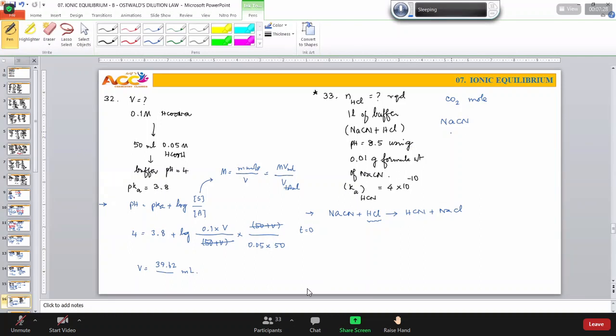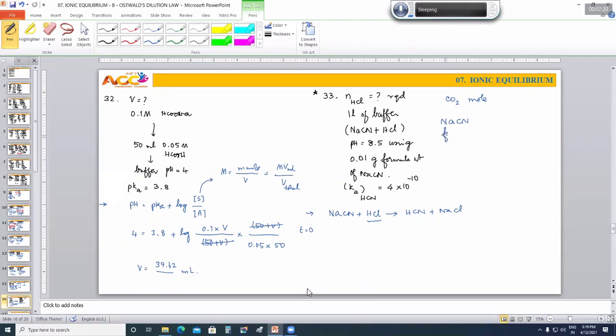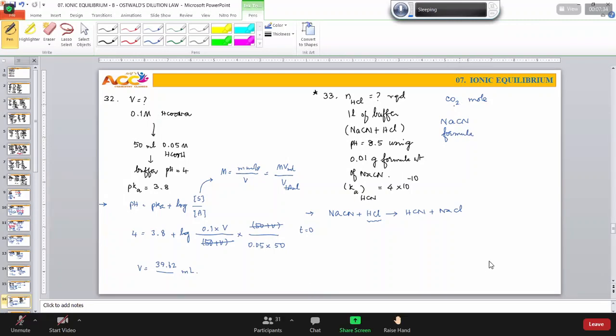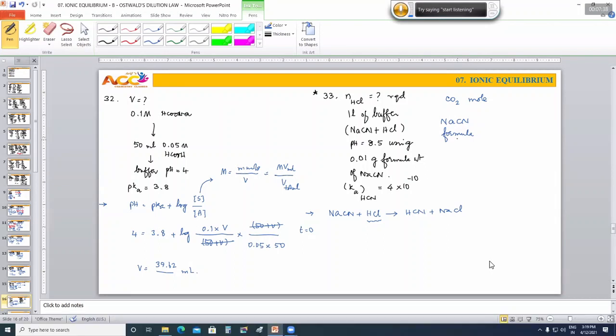Therefore, here we should use the word formula. When you have formula, formula weight, gram formula weight is nothing but mole. So he has given 0.01 mole because we are much familiar with the word mole. Let us go with this one, no problem.